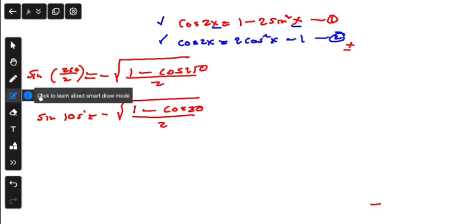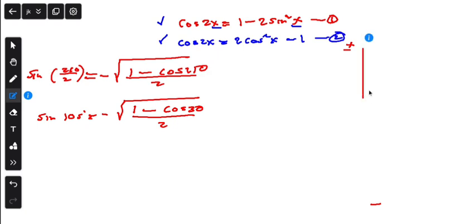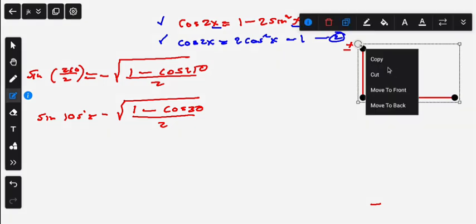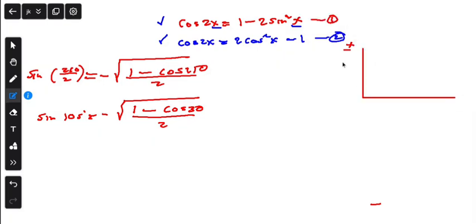Now let me just draw the special triangles. I think we talked about them, but it is very, very important to remember them and also understand them.